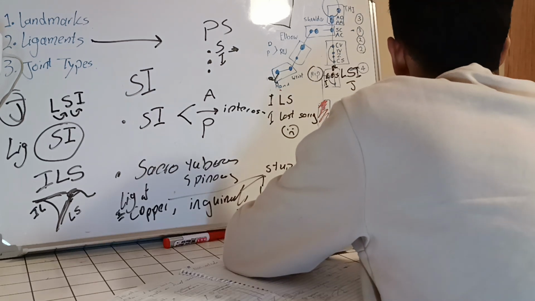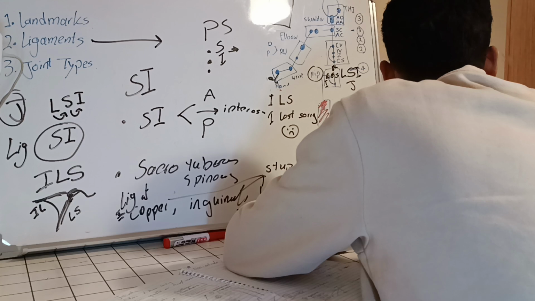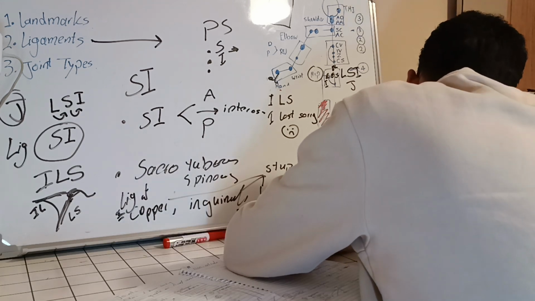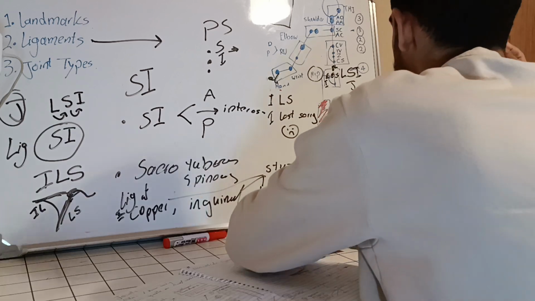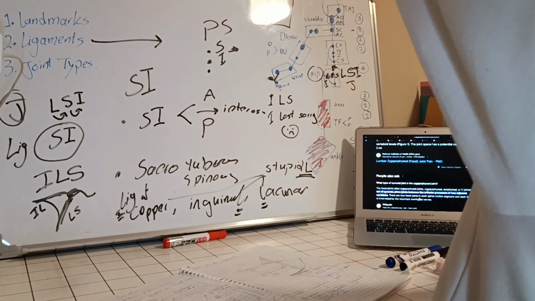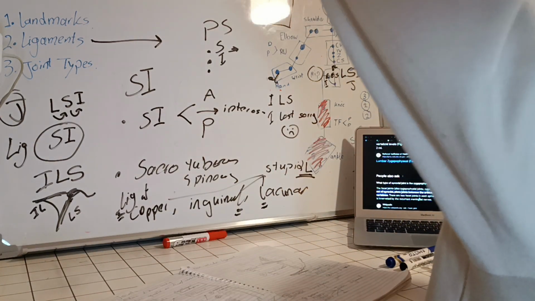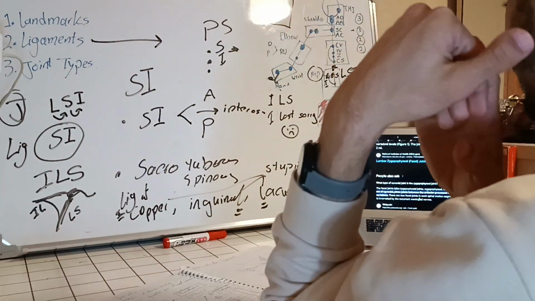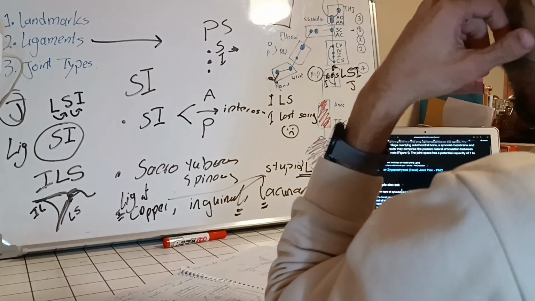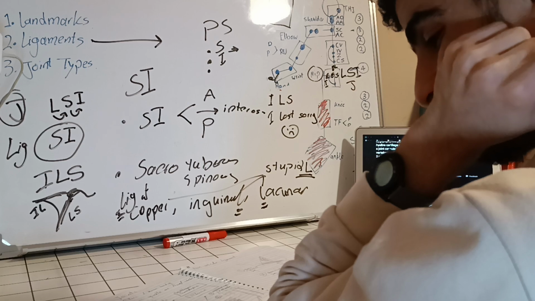The facet joints, also called the zygapophyseal joints, are a set of synovial plane joints between articular processes. So that's why the lumbosacral joint anteriorly is a symphysis because of the intervertebral disc, and posteriorly there are the plane synovial joints.